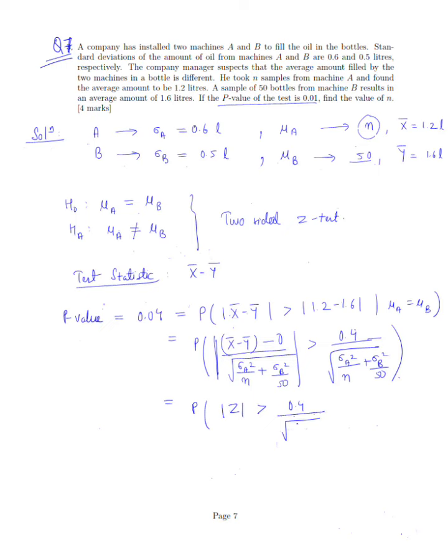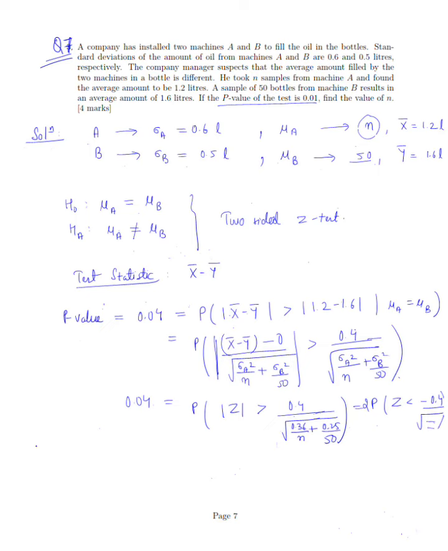It is 0.6. So 0.6 square is 0.36 divided by n plus 0.25 divided by 50. This is 0.04. This term you can write as 2 times probability Z less than minus 0.4 divided by under root of 0.36 divided by n plus 0.25 divided by 50.